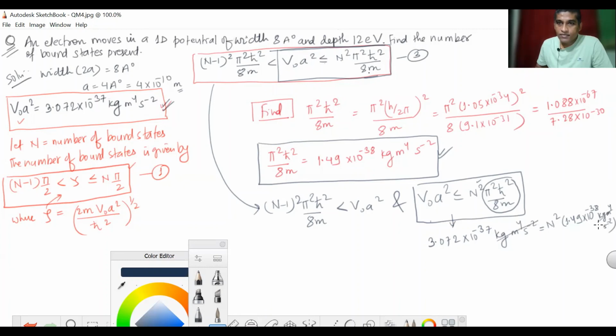Okay, so we can write n square equals 3.072 into 10 to the power minus 37 divided by 1.49 into 10 to the power minus 38. So we have this. Okay, now let us find this.